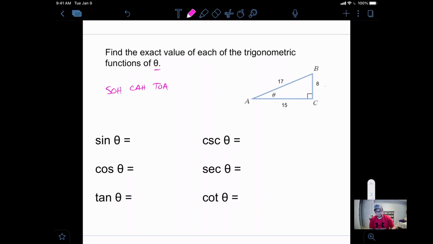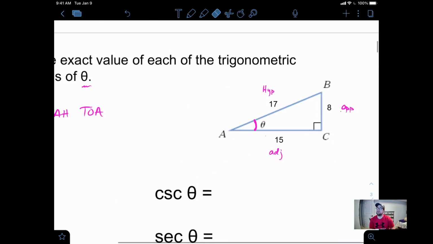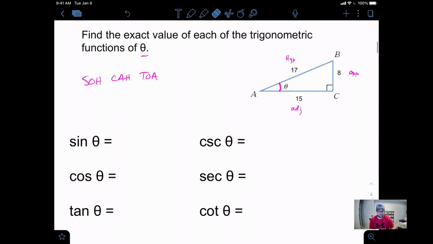In this situation, theta is this angle, which means the side across from that will be your opposite. Obviously, the side across from the right angle is your hypotenuse, and the side that's remaining is your adjacent side. The best thing you can do in every problem, given an angle theta, is first start by labeling what is the opposite, the adjacent, and the hypotenuse.